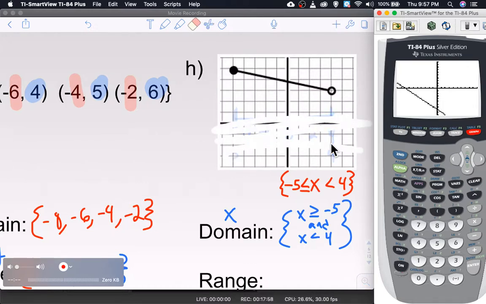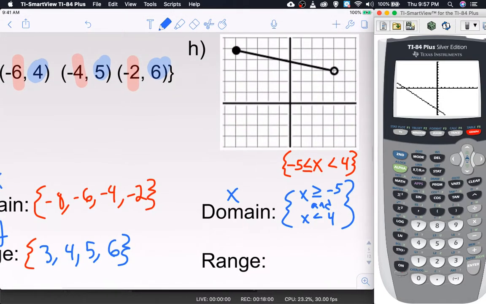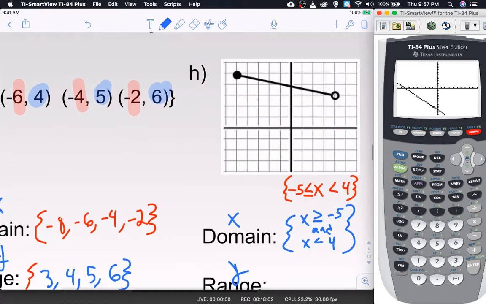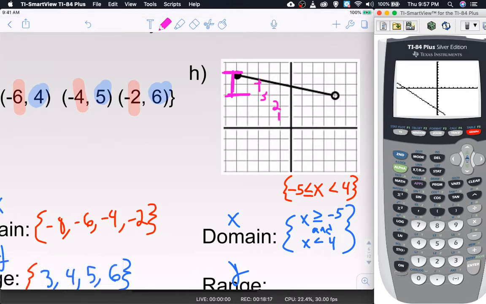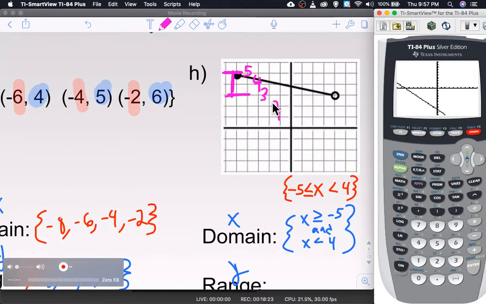So now let's talk about our range, our y values. Our y values only exist between here and here, only in that range. And that is the range, let's see, 1, 2, 3, 4, 5. So it only exists between roughly 3 and 5.